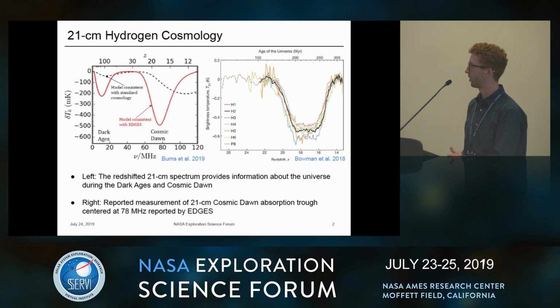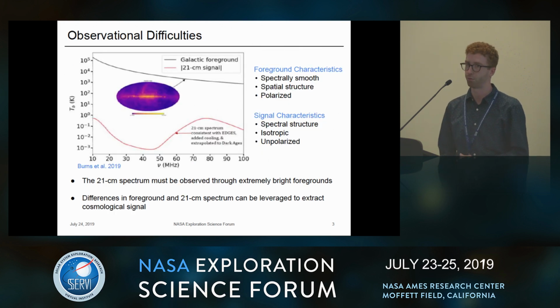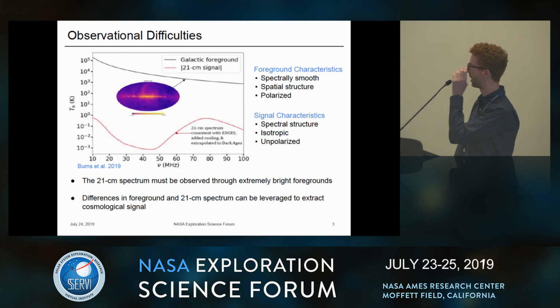Another reason that this detection was so groundbreaking is because observing the 21 centimeter spectrum is extremely difficult to do. In order to see the 21 centimeter signal, you have to look through extremely bright galactic foregrounds. That's the black line in this plot, which are about 4 to 5 orders of magnitude brighter than the actual 21 centimeter signal that we're trying to see.